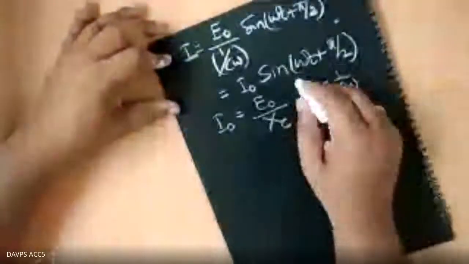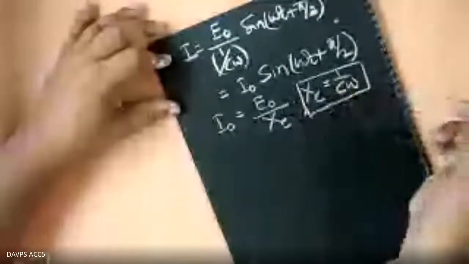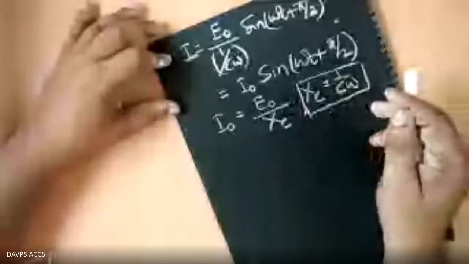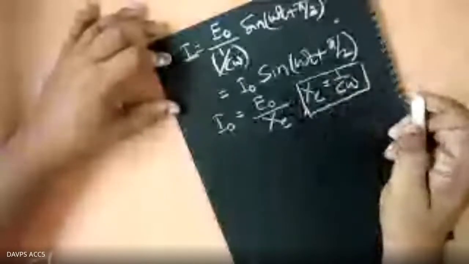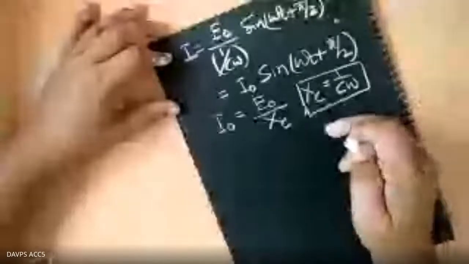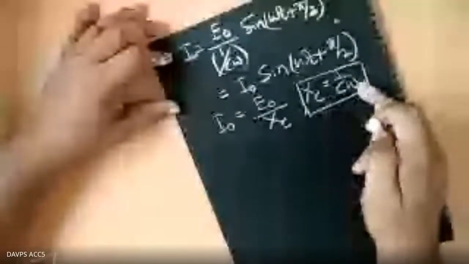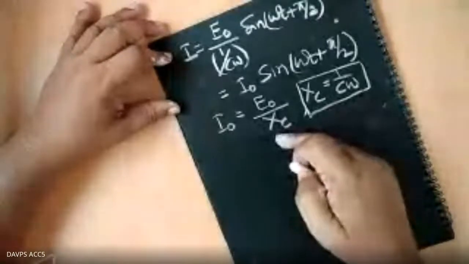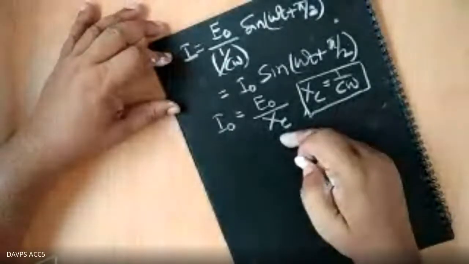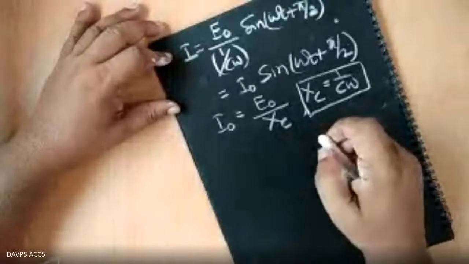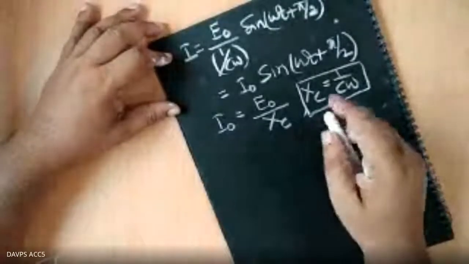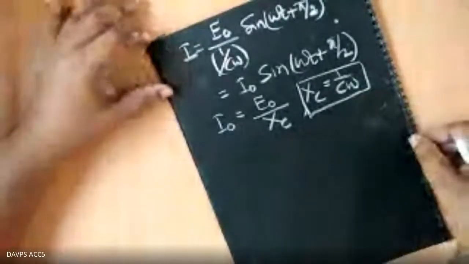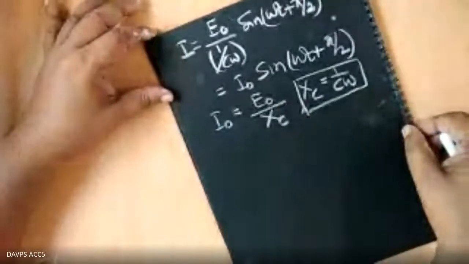In an inductor, you get XL equal to L omega, but in a capacitor, you find XC equal to 1 by C omega. This XC is called the capacitive reactance.